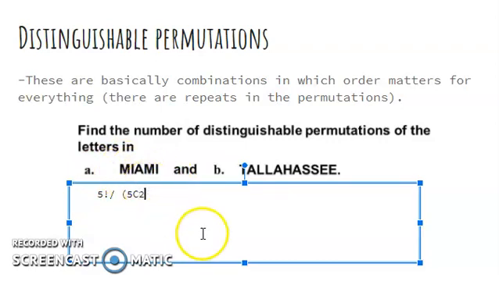Then we multiply this by, since we already have the two M's, we have 3 letters left total, I, A, I, and we can count the number of I's, which is 2, so 3 choose 2. Now we only have one letter left, which is A, so we have 1 choose 1. We multiply all of this together, and we divide 5 factorial by what we got here, and we get a total of 30 combinations.